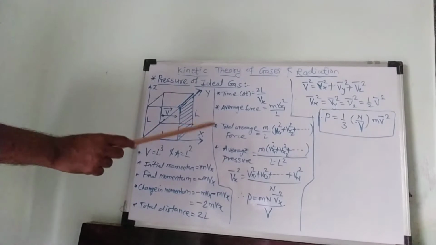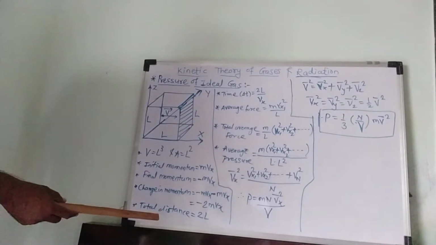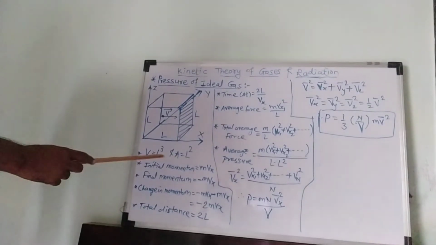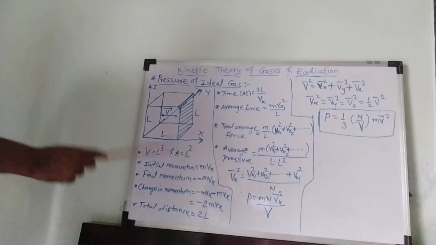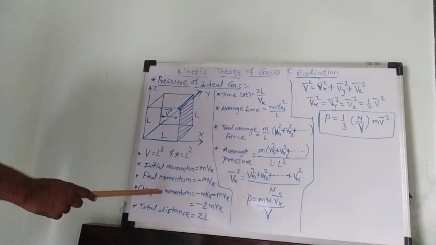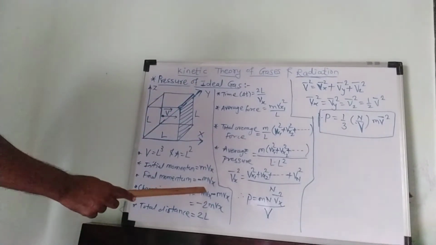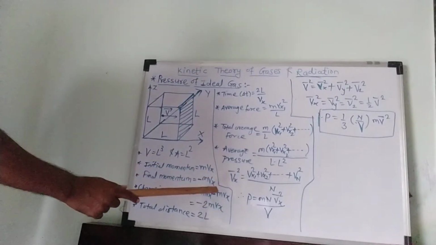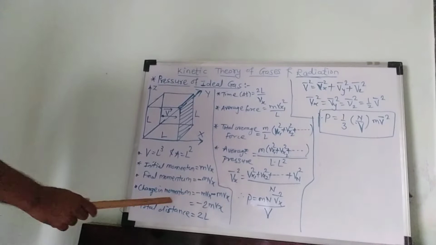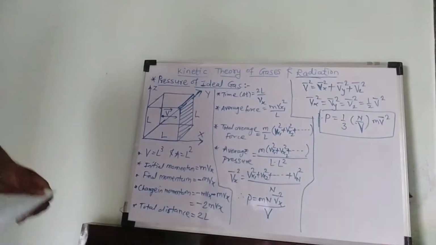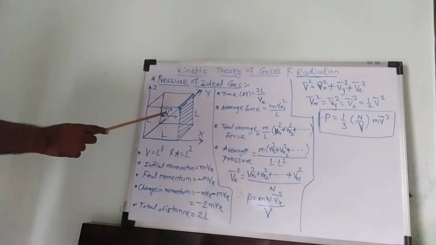The total distance covered by the molecule is 2L. Then the change in momentum is final momentum minus initial momentum, minus mVx minus mVx, and therefore the total change in momentum is minus 2mVx.